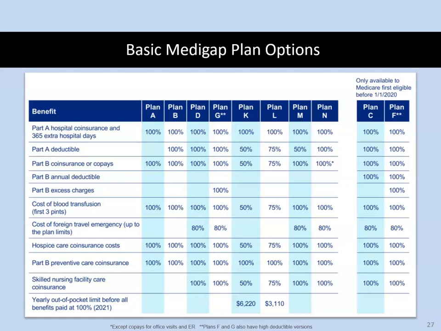But you'll see it covers Part A deductibles, Part B coinsurance, the Part B annual deductibles or excess charges, foreign travel, hospice. Again, you'll see all different plans. So this is where it's important to sit down with an insurance advisor to walk you through which plan makes sense for you if you choose to go down the Medigap plan route.